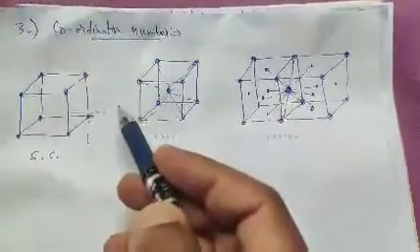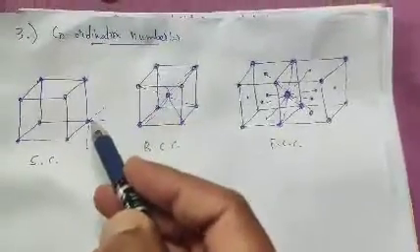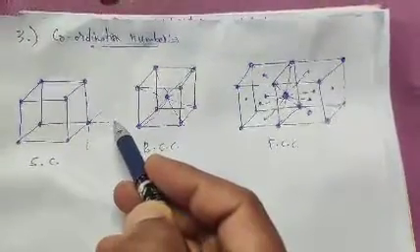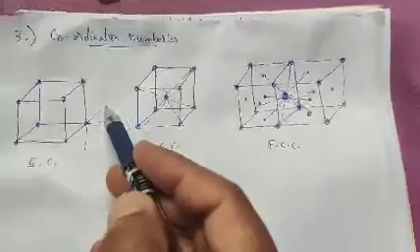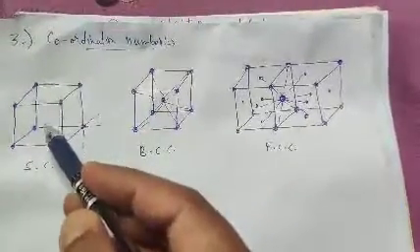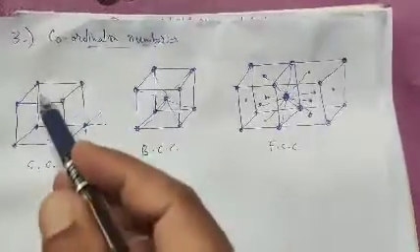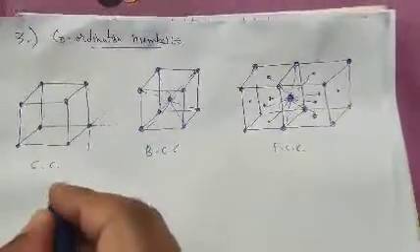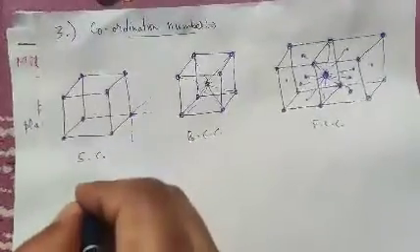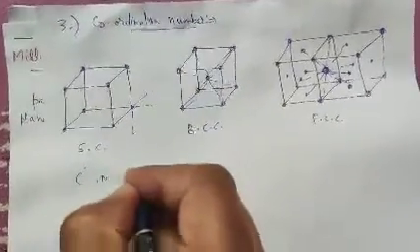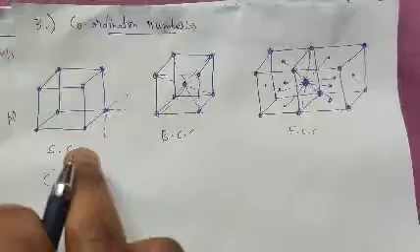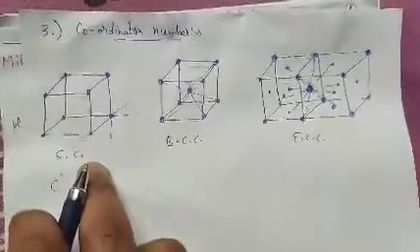Let us consider there will be another unit cell, so there will be another corner atom 1, 2, 3, 4, 5 and 6. So the coordination number for the simple cubic lattice will be 6.